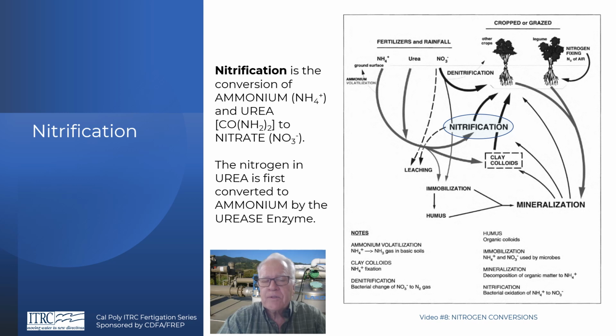But this is typical. In other words, you put the ammonium in and urea in, and there's a conversion process, and most of it ends up eventually, with time, as nitrate. And that, as you recall from previous videos, nitrate is found in the soil water, moves with the soil water, and it's easy for the plant roots to access it.